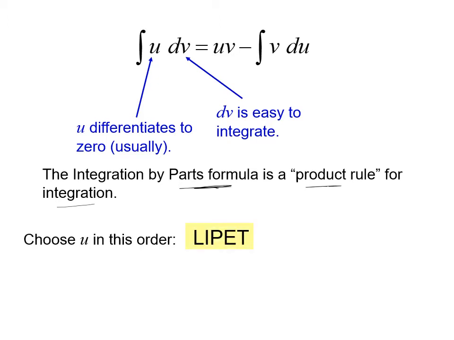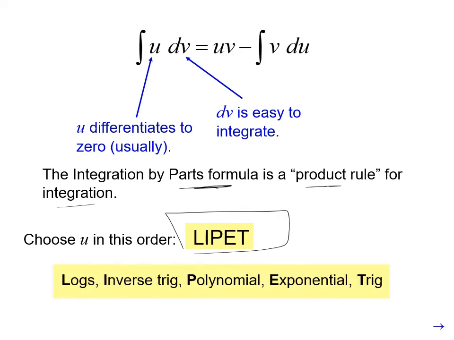Now, what is the meaning of LIPET? LIPET tells us how to choose the function u. We choose the function u beginning with L. What is the meaning of L? L means logarithm. If we find a logarithm function, we choose u to be this logarithm.